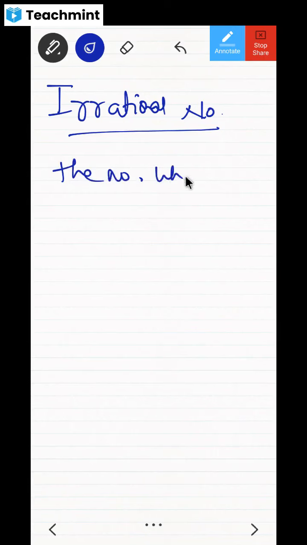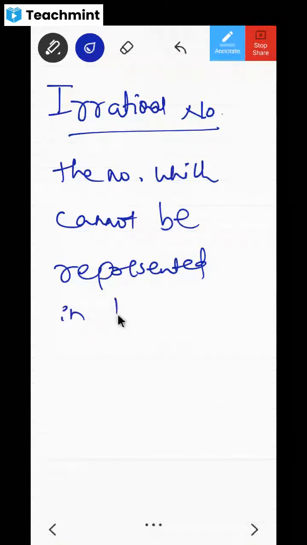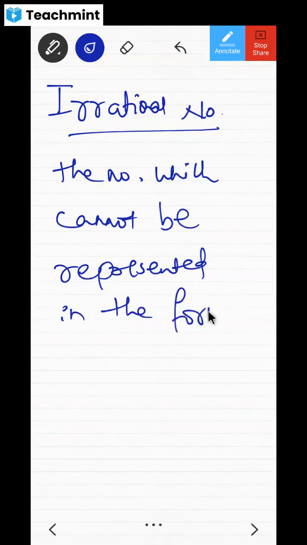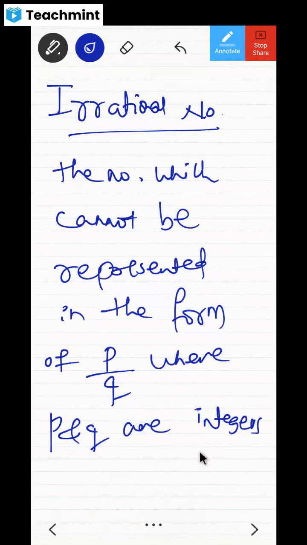Only definition for this is the number. Please write down the number which cannot be represented in the form of p by q, where p and q are integers, and q is not equal to 0.